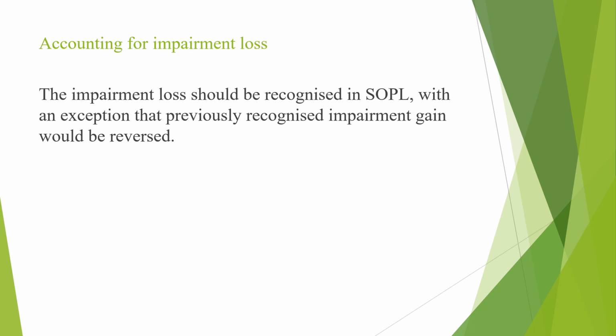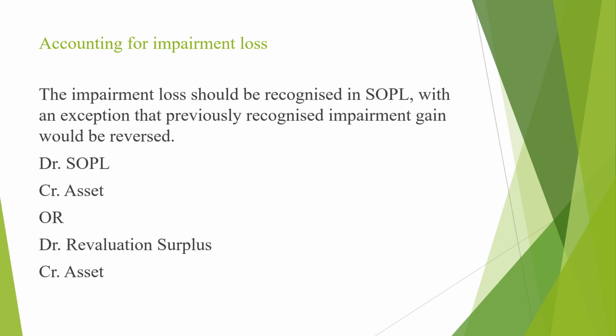So, the impairment loss should be recognized in SOPL if you are testing the asset for impairment for the first time. But if the asset was revalued earlier and you already had a revaluation surplus related to the asset, instead of recognizing it in SOPL, you will adjust the impairment loss against the revaluation reserve or revaluation surplus.